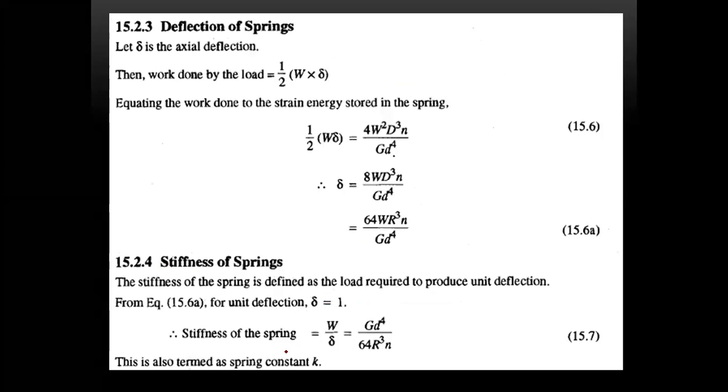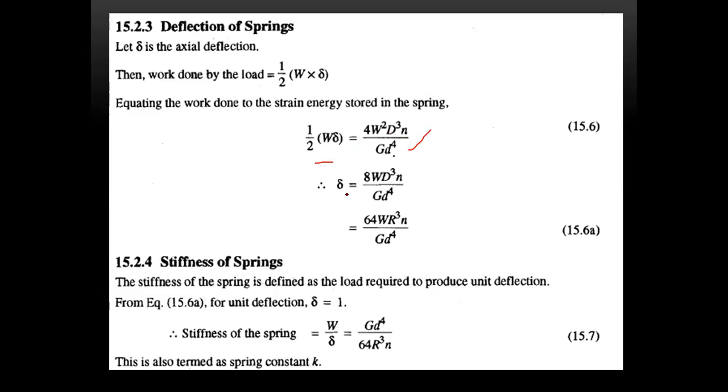Now, coming to the deflection of the springs. Let epsilon be the axial deflection, then the work done by the load is equal to half W into epsilon. Equating the work done to the strain energy stored, half W epsilon is equal to 4 into W square D cube into N by G d to the power of 4.